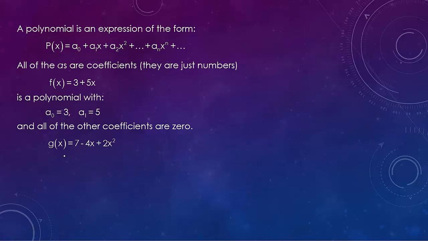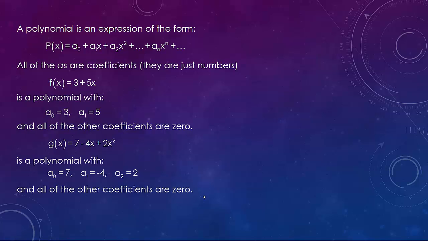G of x is 7 take away 4x plus 2x squared is a polynomial with a0 is 7, a1 is negative 4, and a2 is equal to 2. And all of the other coefficients are 0.